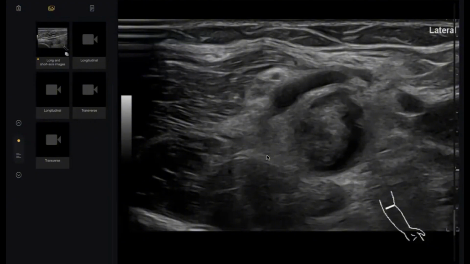Sir, in the supraspinatus tendon, like Milwaukee shoulder, hydroxyapatite deposition, but it's a cause of supraspinatus tendon rupture. Sir, hydroxyapatite crystal, yes, causes more easy rupture.